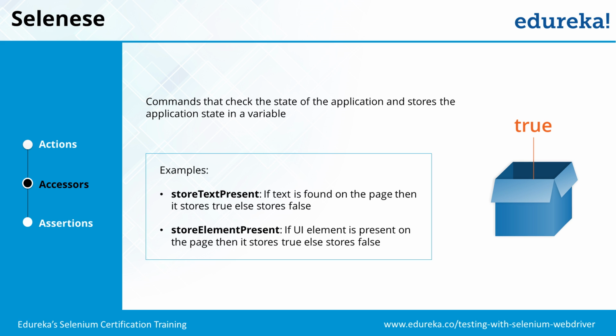So if you want to store any kind of text present in a text box, which ultimately is a web element, then you can use this command store text present to transfer the text from the web page into your script, the value being held by a variable. Store element present, you can also store the element altogether. So if UI element is present on the page, then it stores true, else stores false.